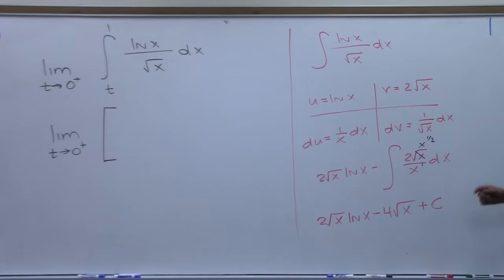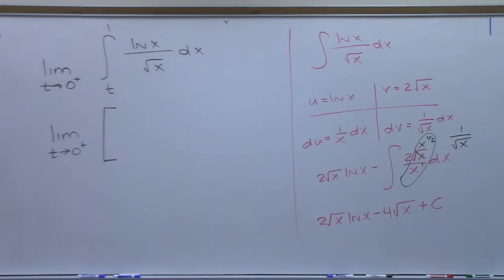How'd you get negative 4 root x? Well, this is right back to this, and I already integrated that a second ago. The antiderivative is 2 root x, but I already had a 2, so it becomes 4.